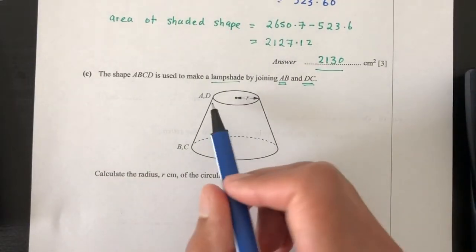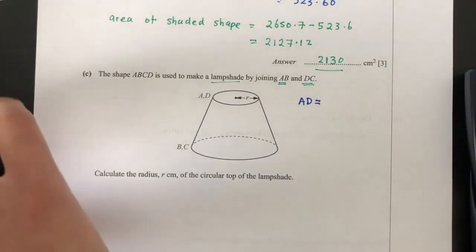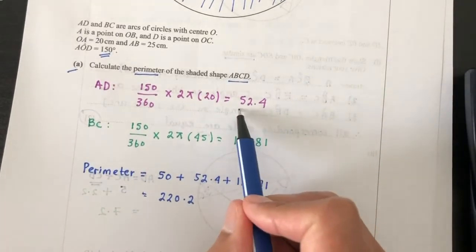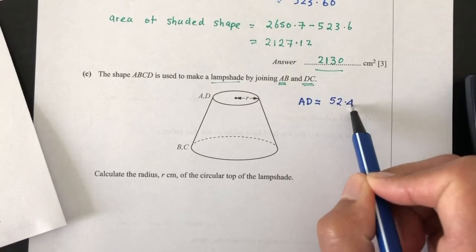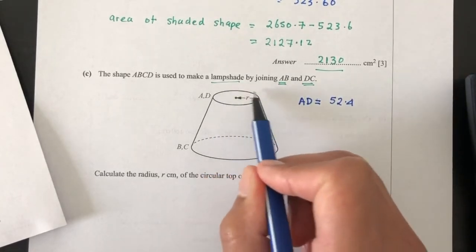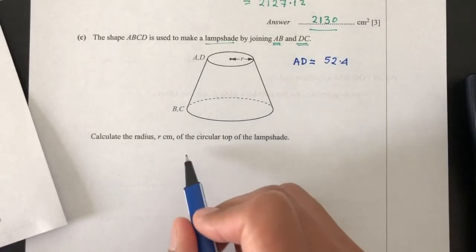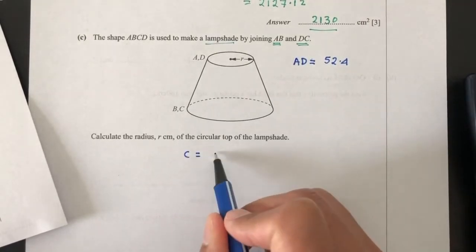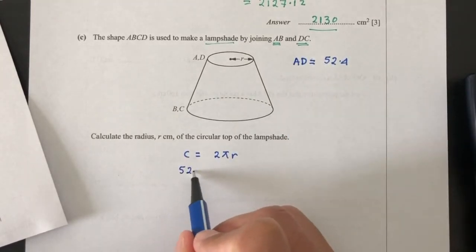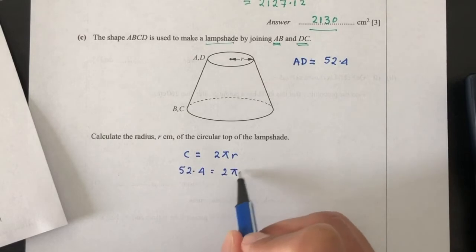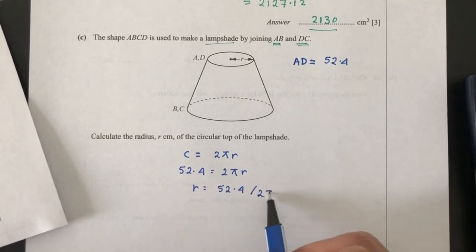Pretty easy. We know the length of AD. From part A, AD was found to be 52.4, which is the circumference of this circle. To find the value of R, the formula for circumference is 2 pi R. So 52.4 equals 2 pi R, and R is equal to 52.4 divided by 2 pi.